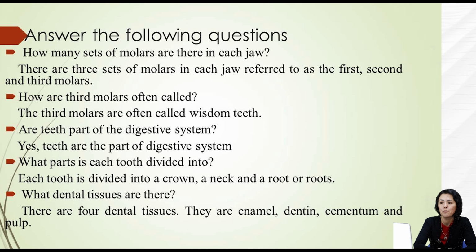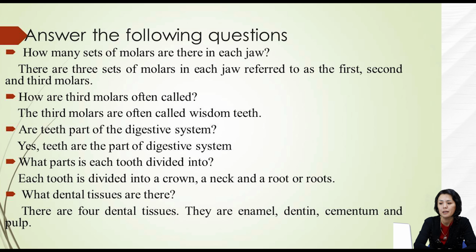How many sets of molars are there in each jaw? There are 3 sets of molars in each jaw, referred to as the first, second, and third molars. What are third molars often called? The third molars are often called wisdom teeth.